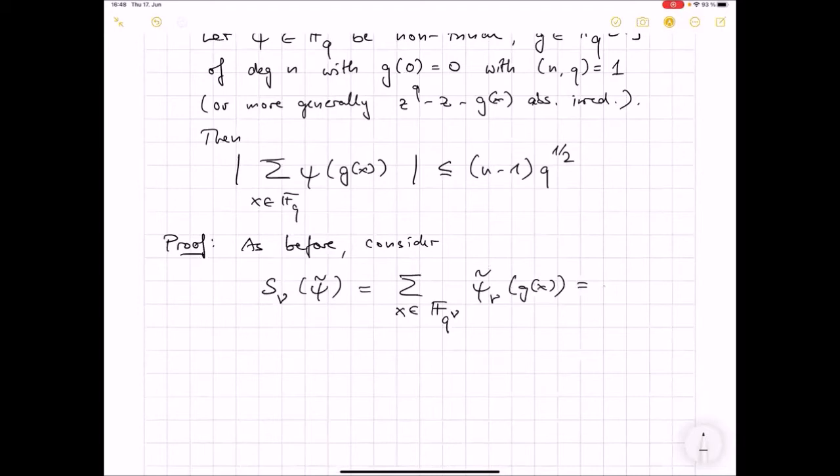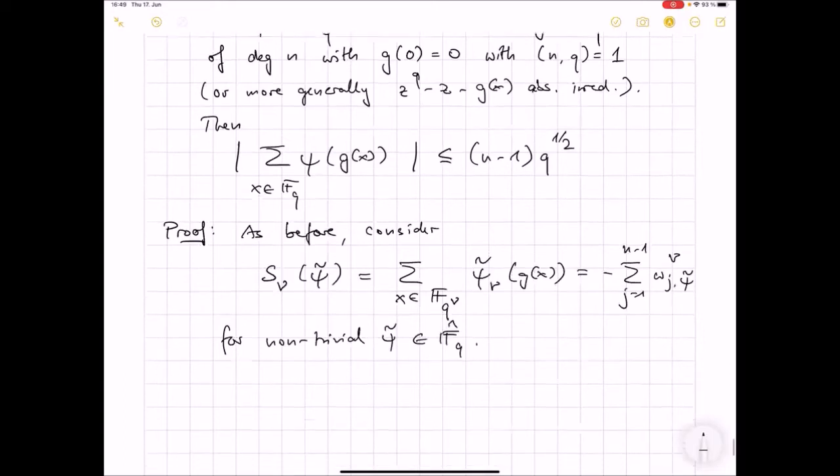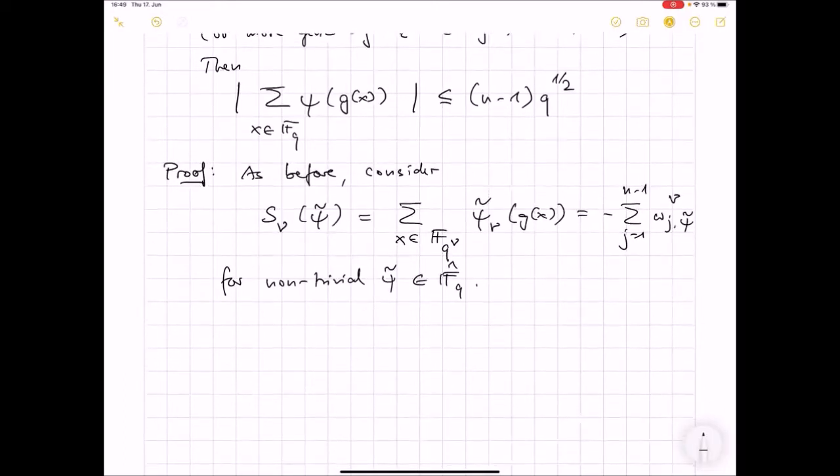And again, we know this is a sum of n minus 1 things, omega_j times psi tilde to the power nu, for non-trivial psi tilde in F_q hat. Okay, and now comes the same trick. We compute in two ways.